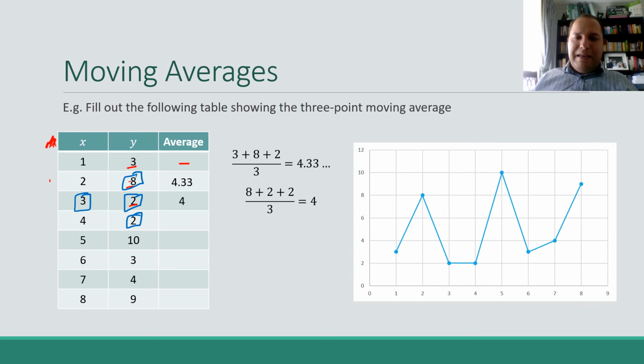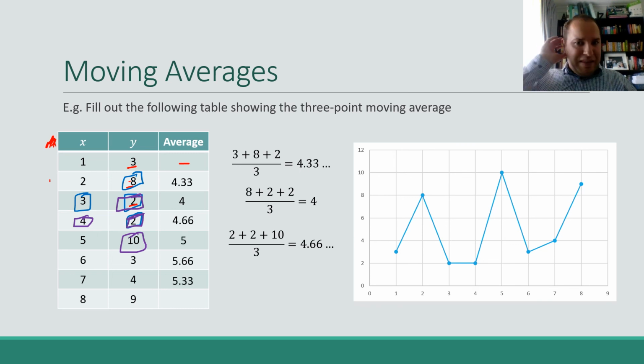And then finally, for our 4th point, we'll use the point that matches up with our 4, then the one above and one below, calculate the average, which is 4.66, and put it in our table. Continuing that same pattern, we can fill in the rest of our table.